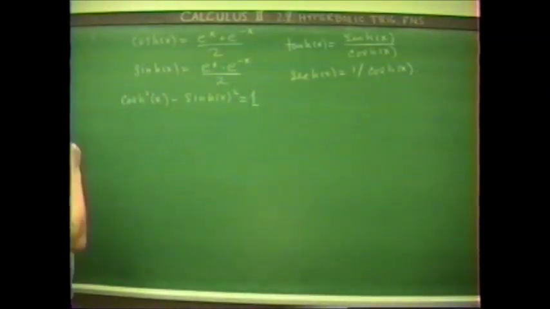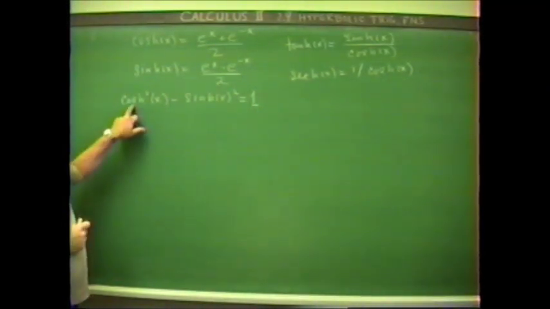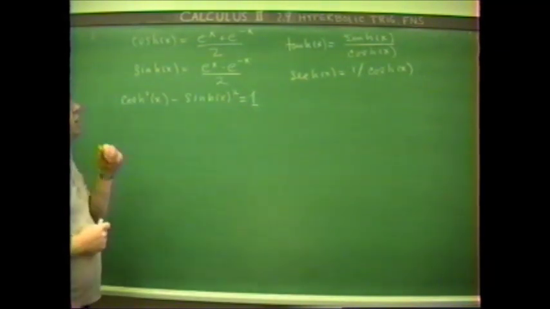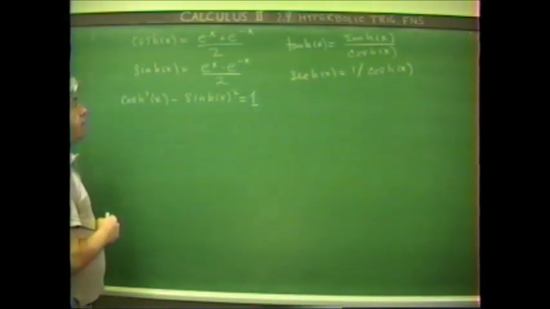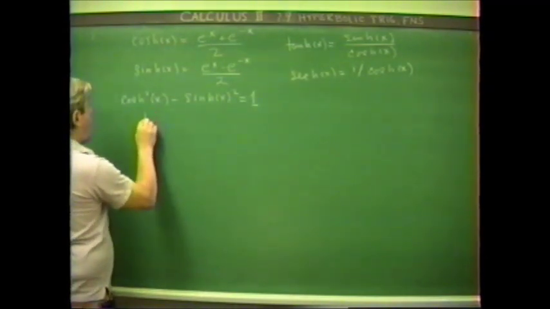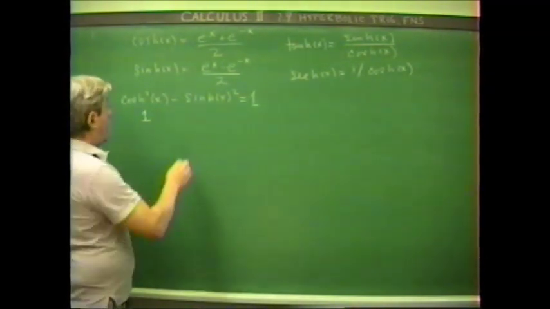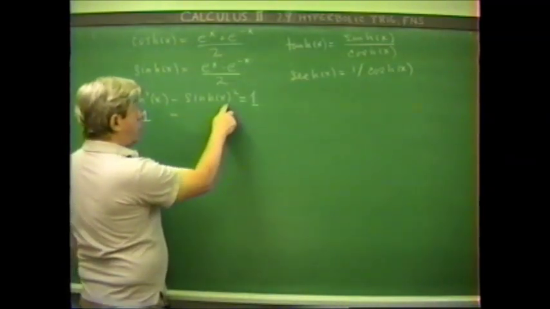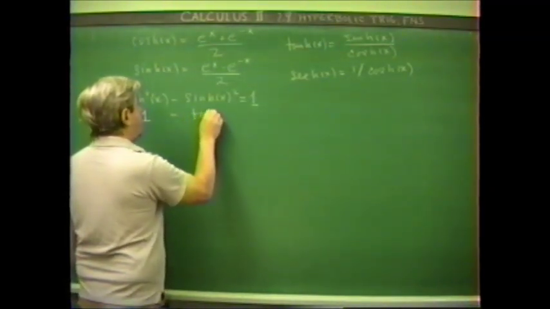Right? And now, dividing this identity by the hyperbolic cosine squared gives us 1 minus sine squared over cosine squared, which is going to be tangent hyperbolic squared.